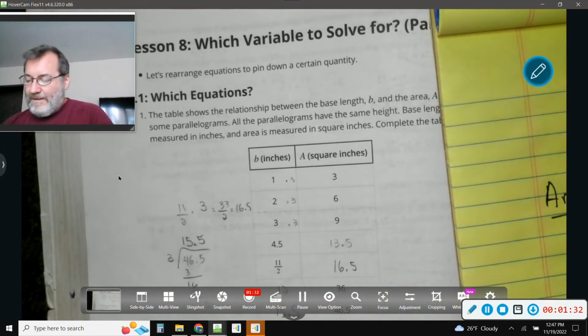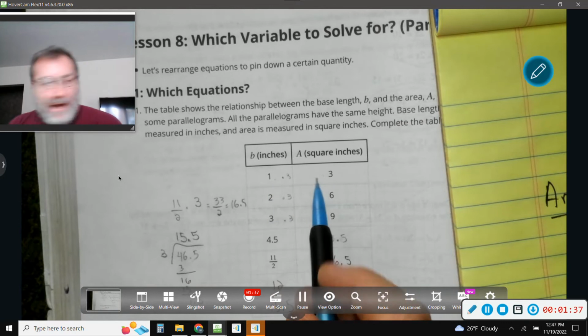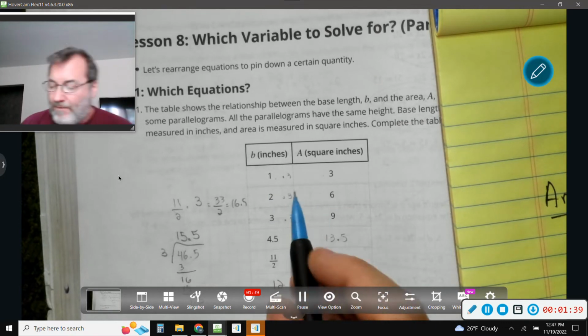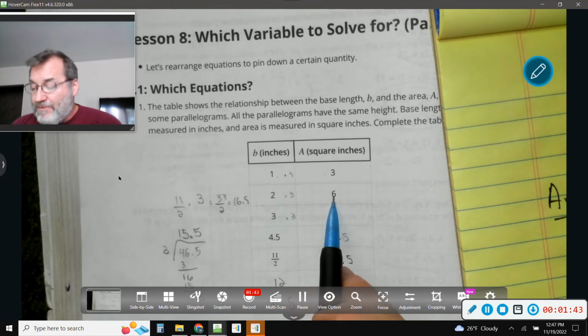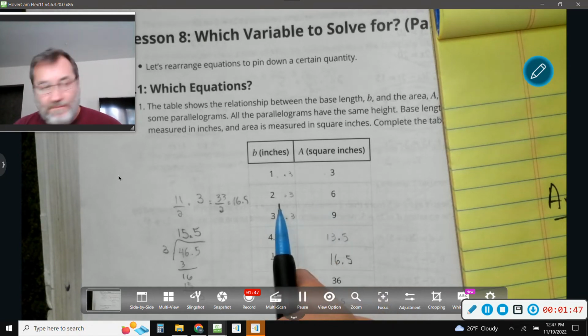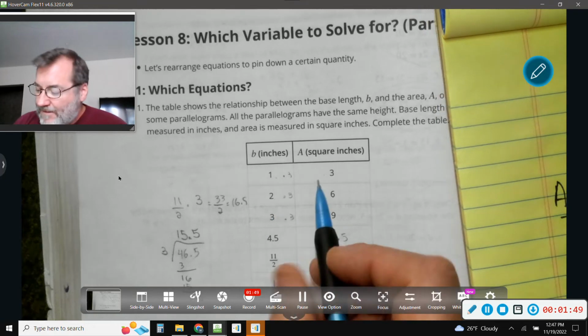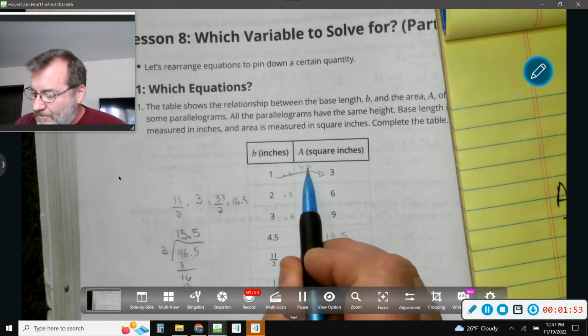If I start at 1 and I end at 3, I could have gotten there by adding 2, or by multiplying by 3. Let's continue. If I start at 2 and I end at 6, I could have added 4 this time, or I could have multiplied by 3 again. So the construct here is whenever you move this direction, you always multiply by 3.